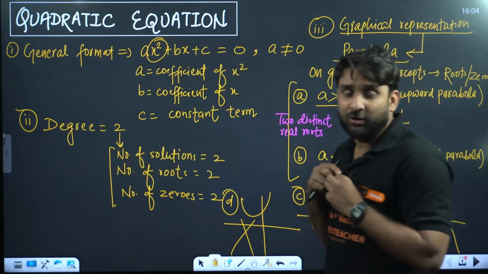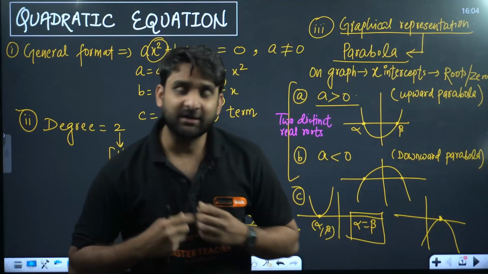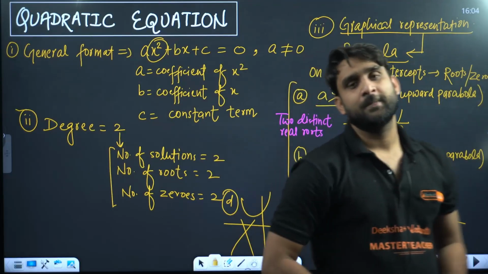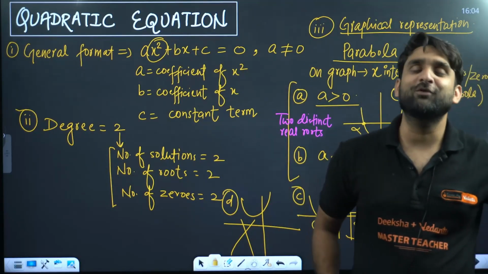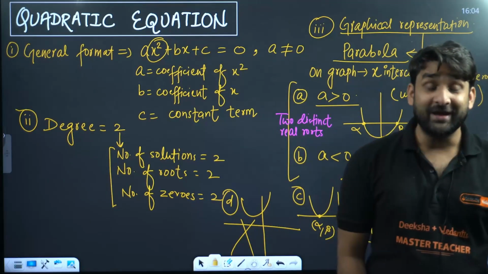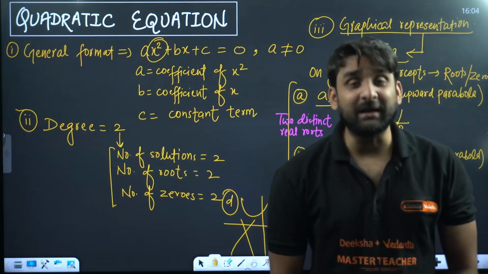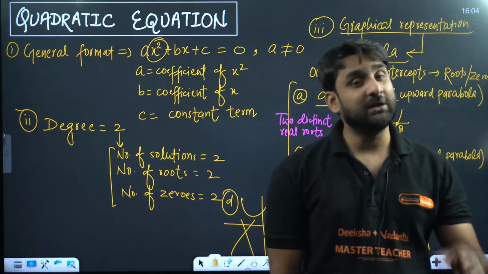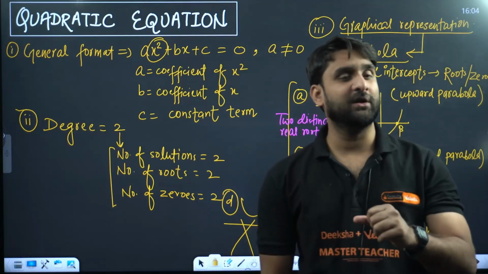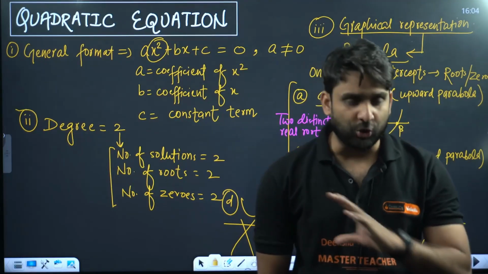If x square is not there, we cannot say the given equation is quadratic. So x square is mandatory to be present there. Then only the equation will get the identity of a quadratic equation. Otherwise, the equation is not quadratic.